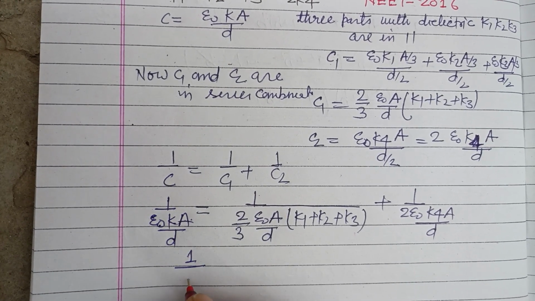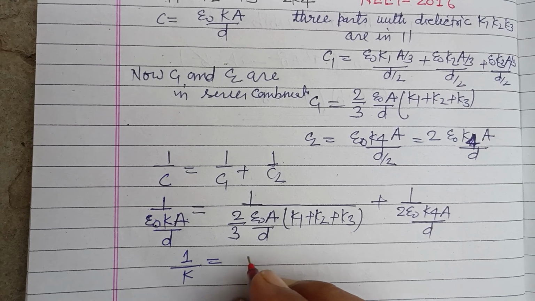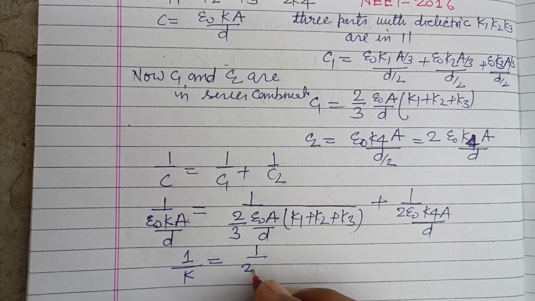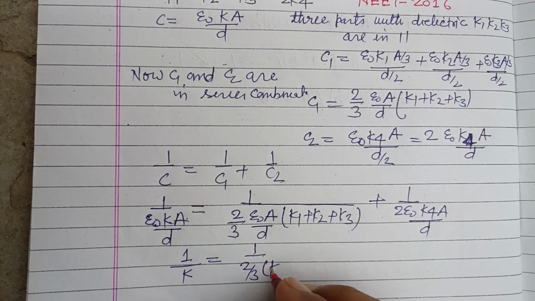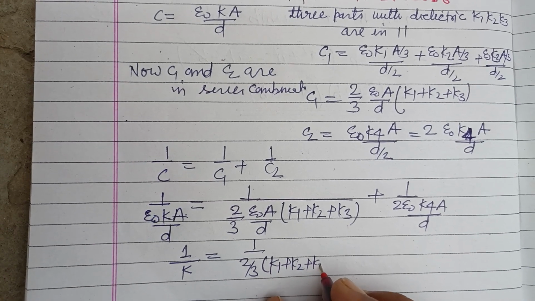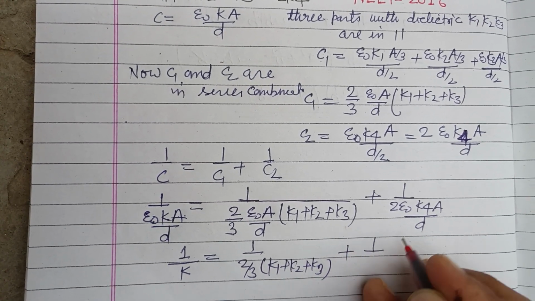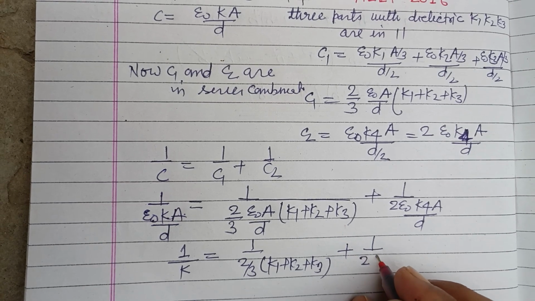So here remains K, here remains 1 upon 2 by 3 times K1 plus K2 plus K3, and here remains only 2 K4.